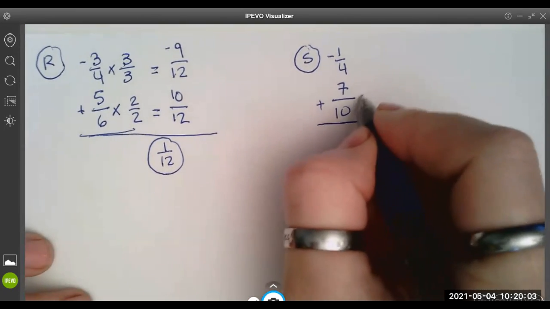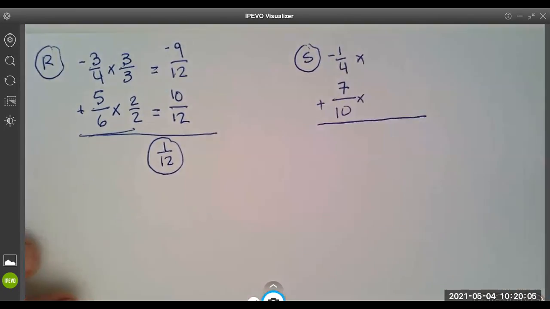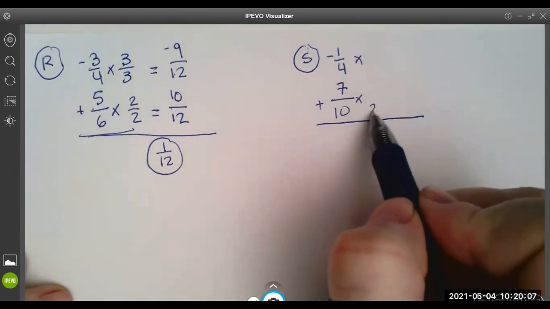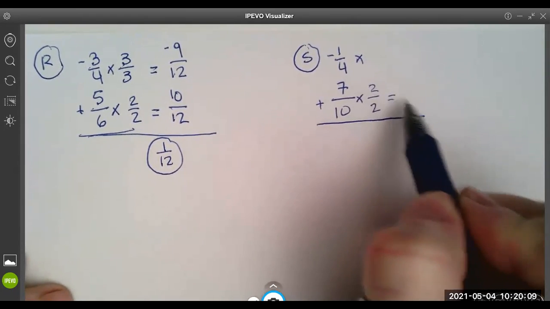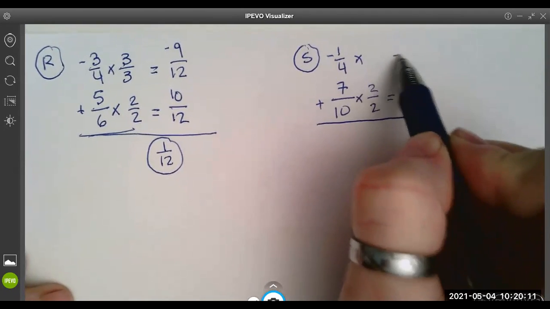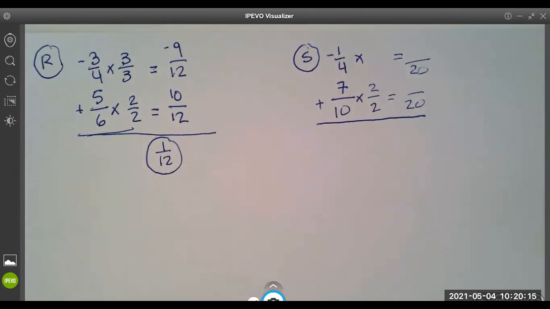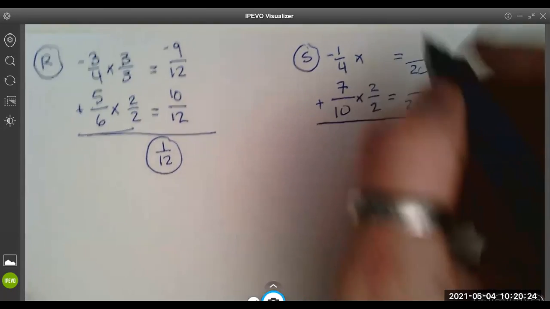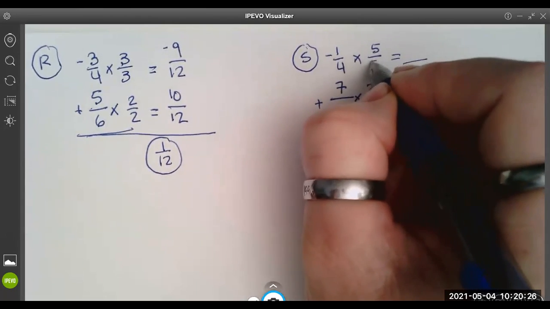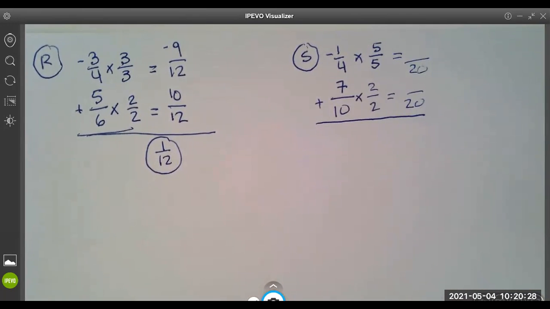Does 4 go into 20? Yes. So our target is 20. What do we need to do to the 4 to make the 20? What do we have to do to that first fraction to make it equivalent? Okay. So what's my new top fraction? What's my new bottom fraction?